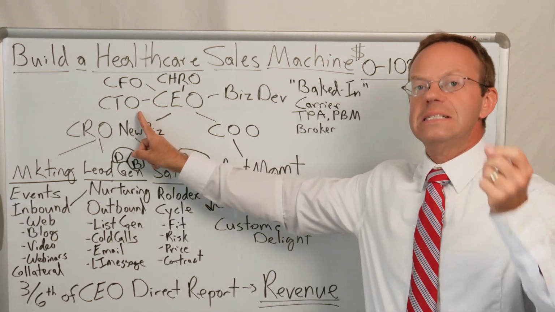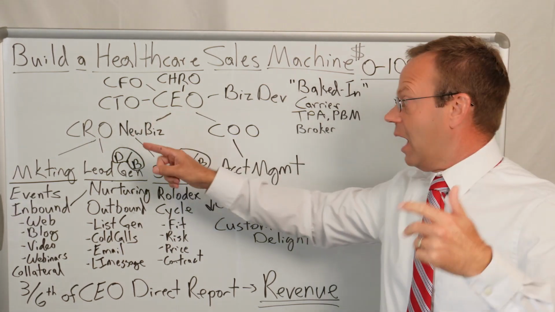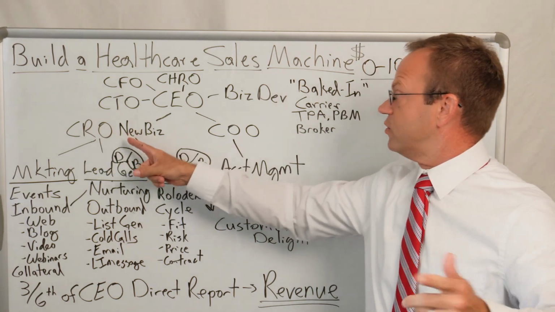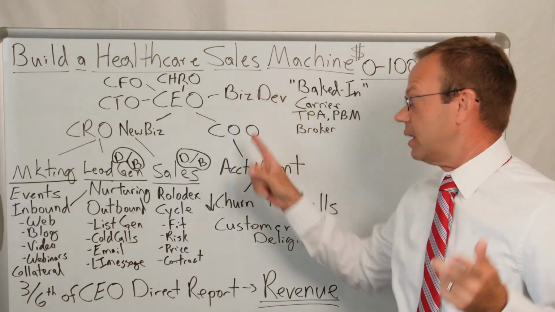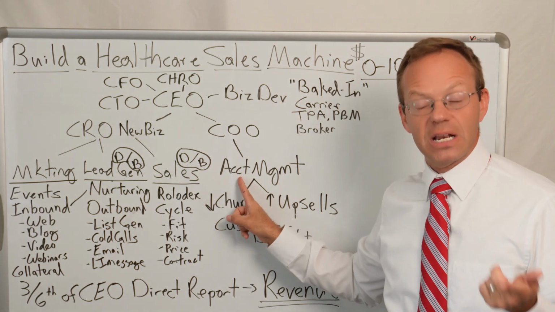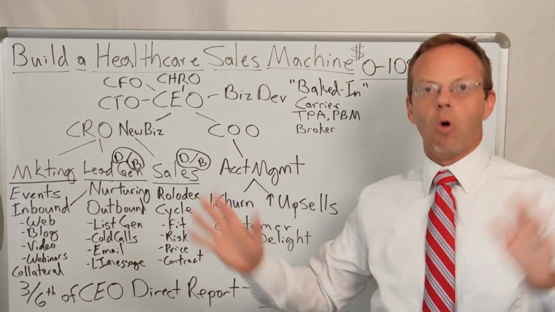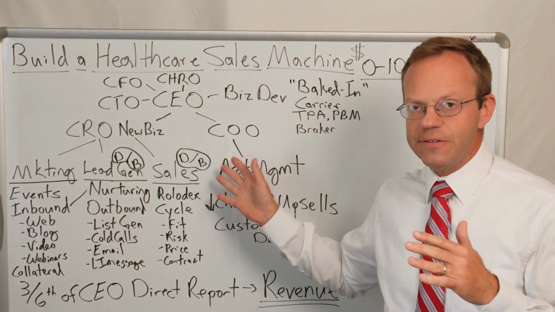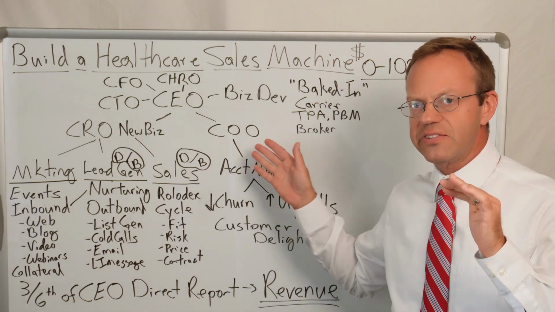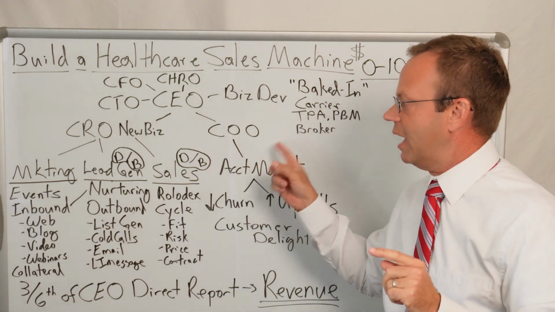We had our own CTO, and then I was responsible for the Chief Revenue Officer of New Biz and Business Development. In the beginning, we actually had account management with me as well, and that was a horrible idea. And then when we moved it, it became much more successful because of that feedback loop that I said.